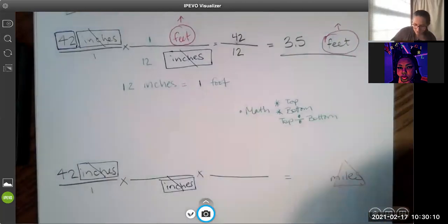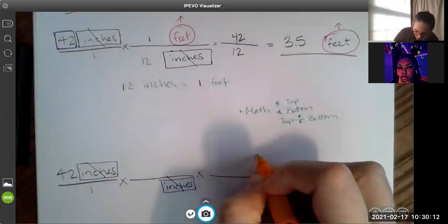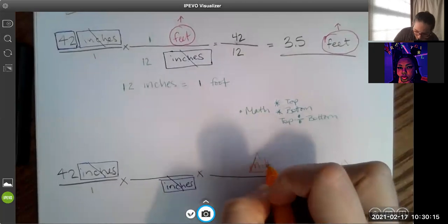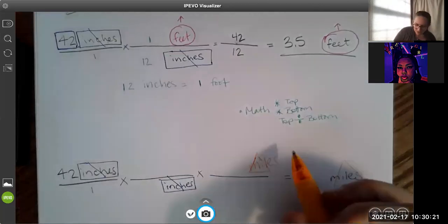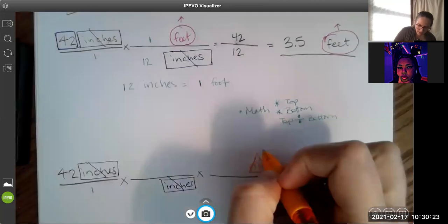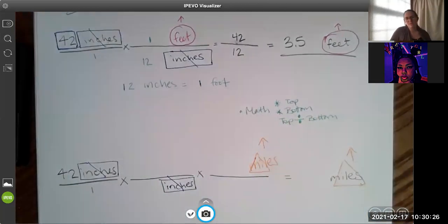I'm just going to give you this for here. Miles goes on top. All right. So the thing that we want is the last thing in our fraction. Are we done yet, or do we still have some blank spots? Well, one's going to go on the back. Like 42's going to go on. Okay.